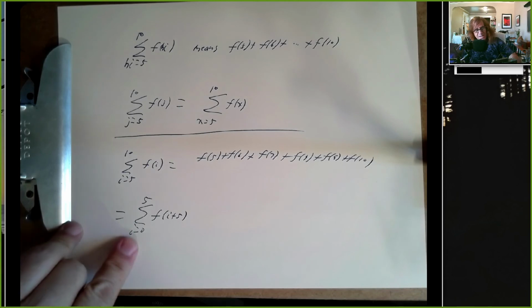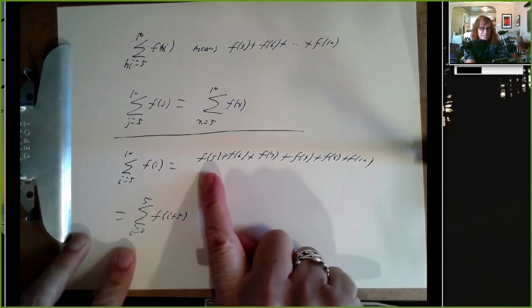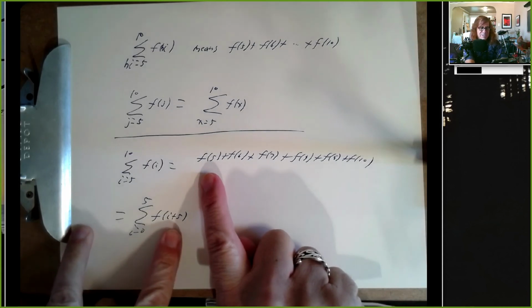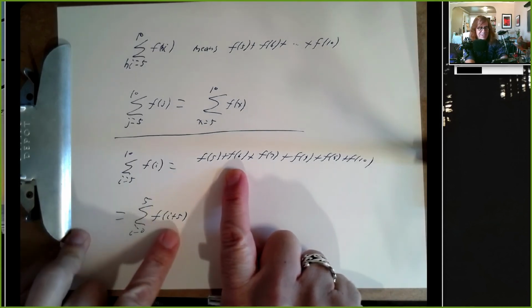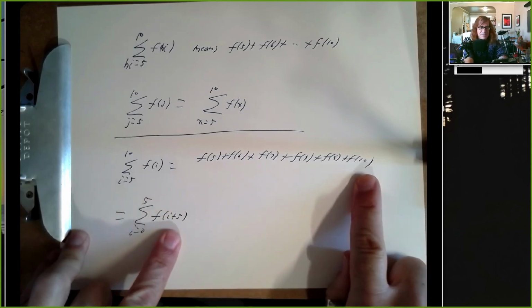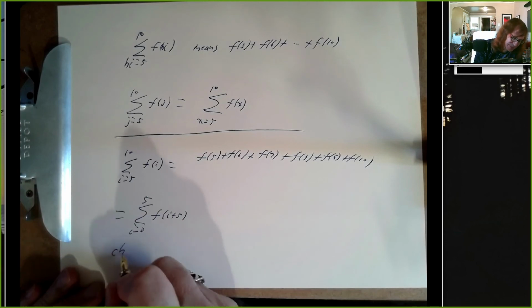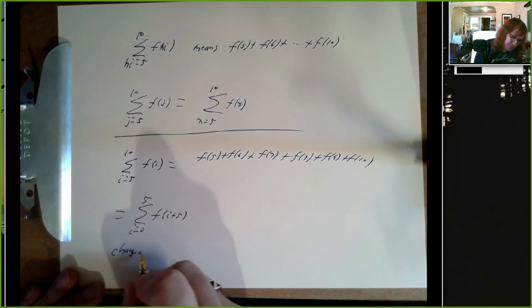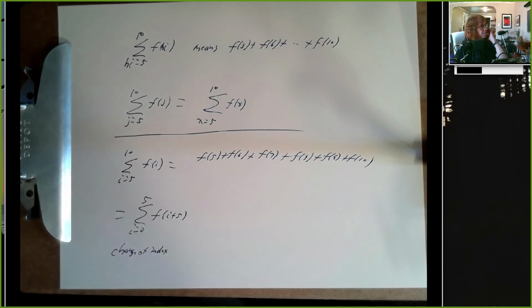Because this says set i equal to 0, well, f of 0 plus 5 is just f of 5. Set i equal to 1, f of i plus 5 is f of 6. And our last case, i equals 5, f of i plus 5 is f of 10. So we can have this change of index. And we haven't really changed the value of anything.